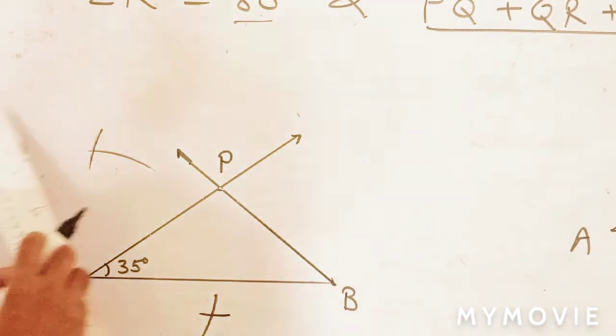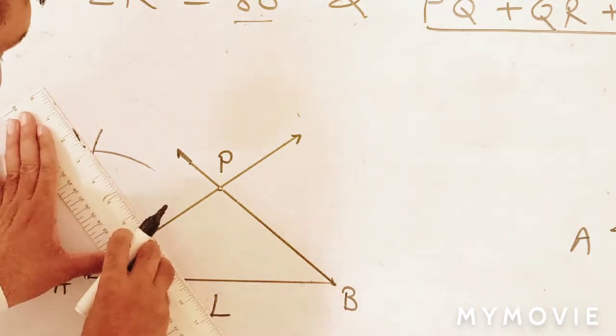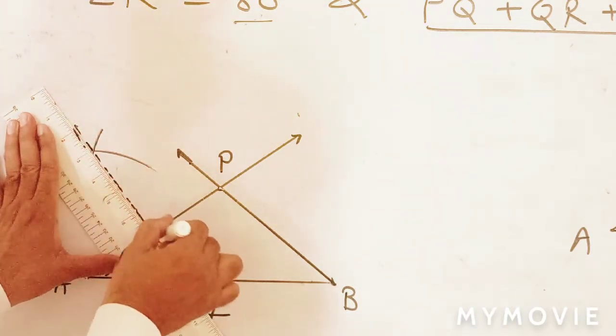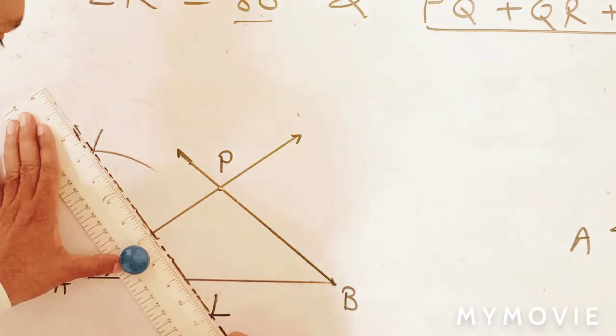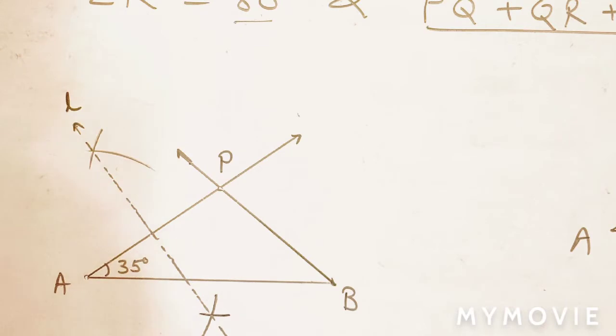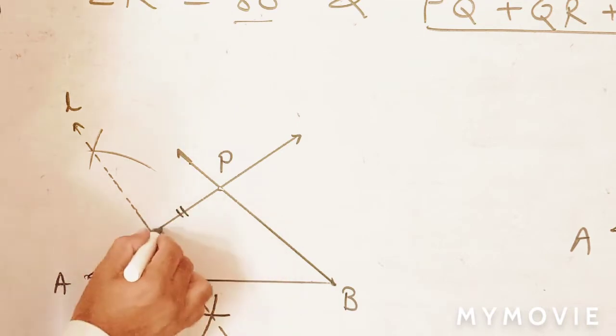Draw a line passing through these two points. This is the perpendicular bisector. Line L, any name you can give here. This is the perpendicular bisector of PA. Here we have to give identical marks.